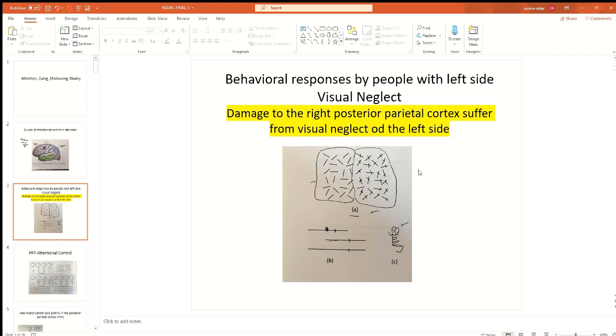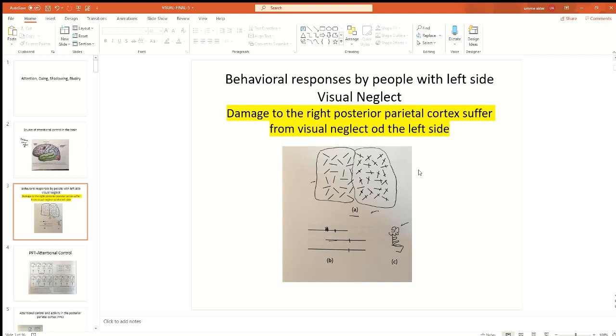And here he was asked to draw a flower in a vase. You can see that he was asked to draw from his memory a flower in a pot, right? And you see that he omitted elements on the left side.